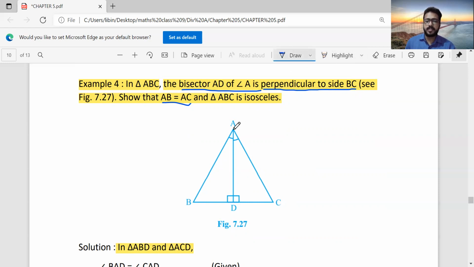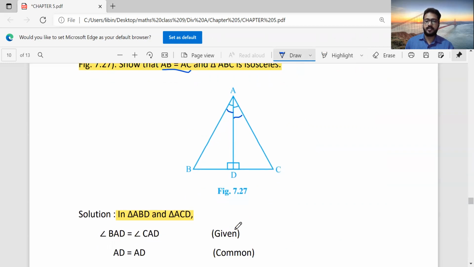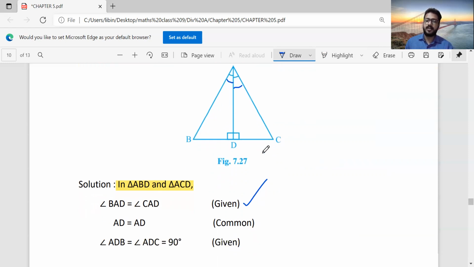It is given in the question itself. Angle BAD is equal to angle DAC. It is given. Now, side AD is common to both the triangles. Again, angle ADB is equal to angle ADC, because they are both 90 degrees.